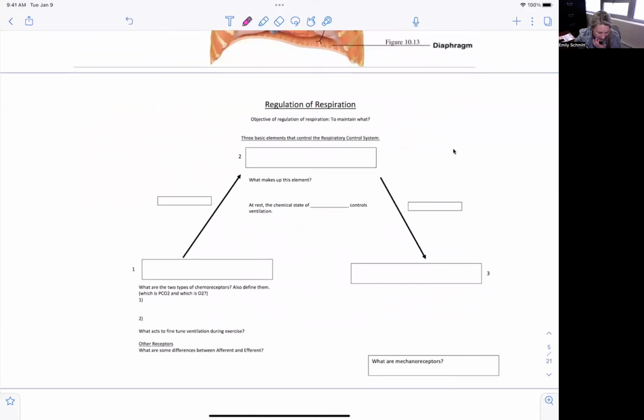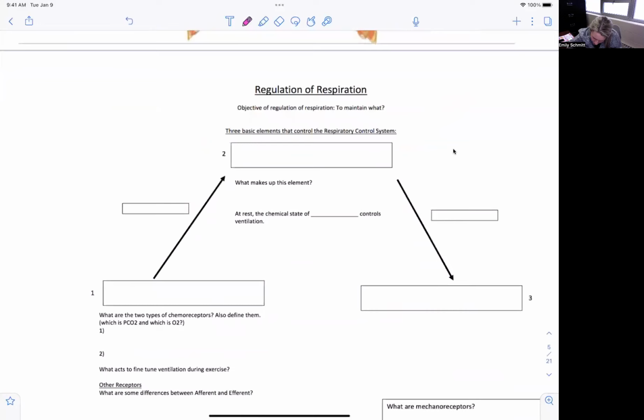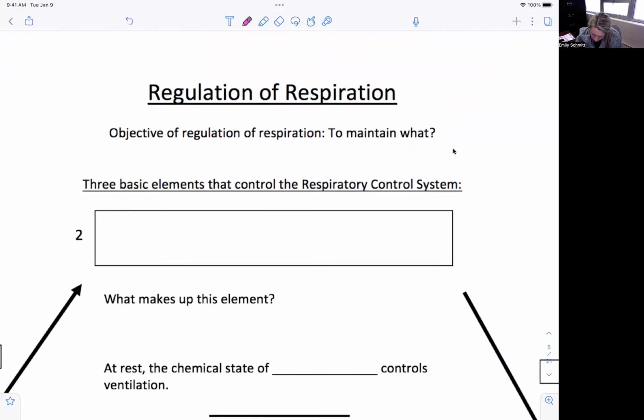So let's go ahead and fill out this worksheet. The objective of regulation of respiration is to maintain normal levels of oxygen and carbon dioxide in arterial blood. There are three basic elements that control the respiratory control center.